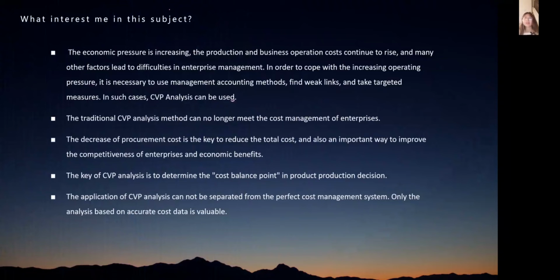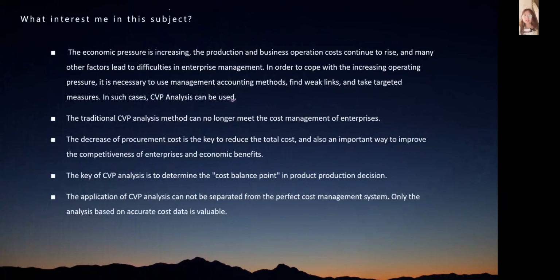In order to cope with the increasing operating pressure, it's necessary to use management accounting methods to find weak links and take targeted measures. In such cases, CVP analysis can be used.